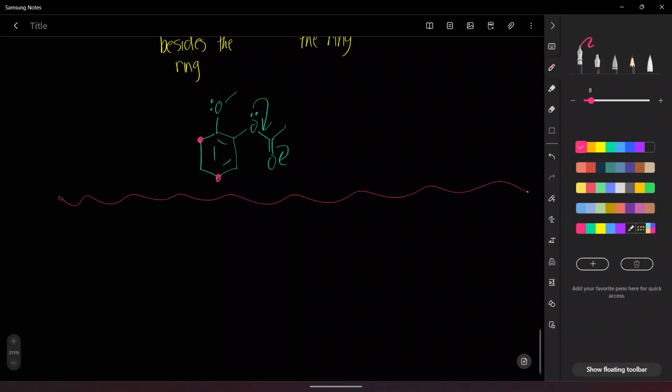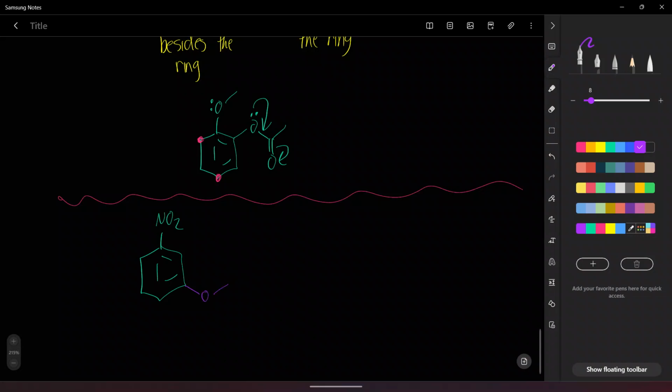So if you want an example of that, let's say you have an NO2 group right here, and the NO2 group normally would want to go meta. So let's say you also had an oxygen group right here.